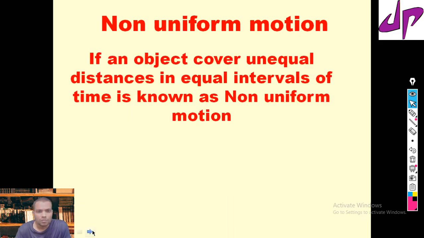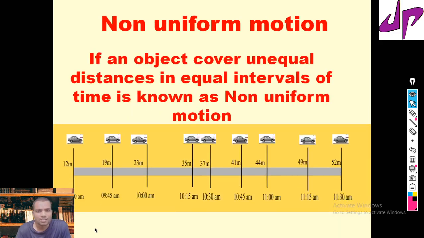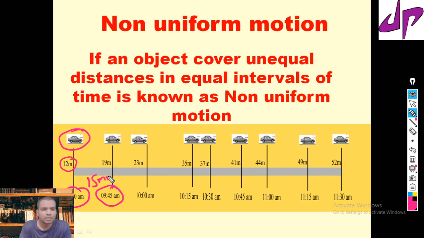Non-uniform motion. If an object covers unequal distances in equal intervals of time, it is known as non-uniform motion. Here let's take the case: the car is moving, initially at 9:30 a.m. it is at 12 meters. After 9:45, it means the time interval is 15 minutes, and it covered 7 meters. In the next 15 minutes it covered 4 meters, 23 minus 19, 4 meters.